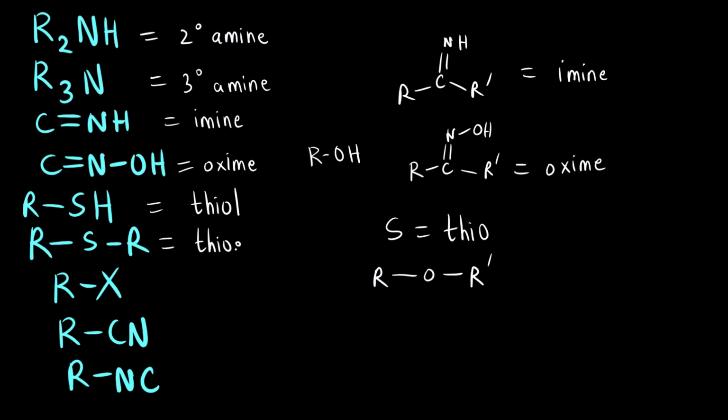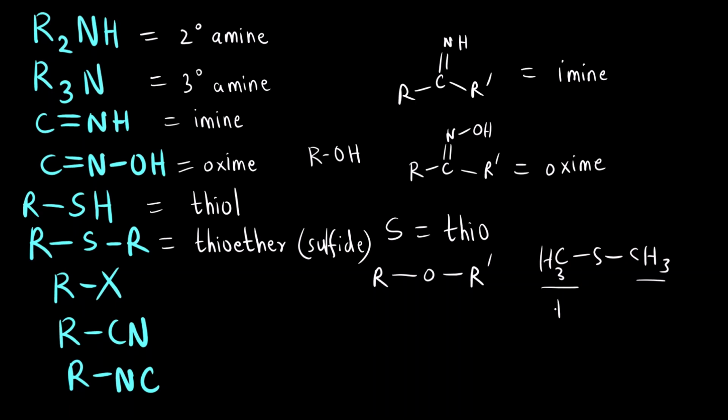So we call this thioether, or it is also called sulfide functional group. For example, if I have this functional group CH3SCH3, these are two methyl groups, so this is called dimethyl sulfide. This is a very good solvent. Dimethyl sulfide is used as a solvent.